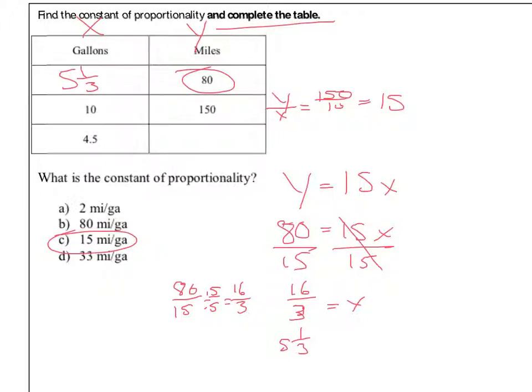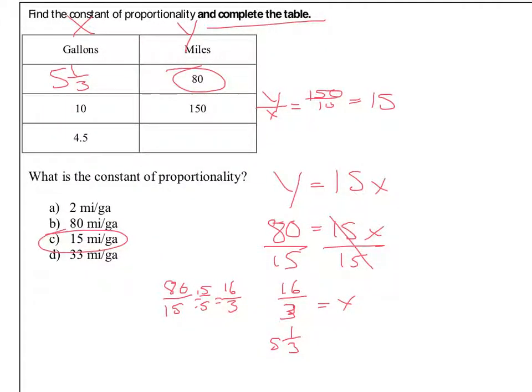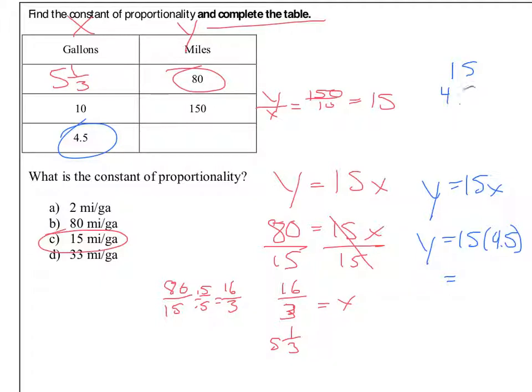On the other hand, when we've got this one over here, we've got an x value that we can plug into our equation. So using our same equation, same proportional relationship, y equals 15x, y is equal to 15 times 4.5. So when we multiply that out, 15 times 4.5, do some quick math here.